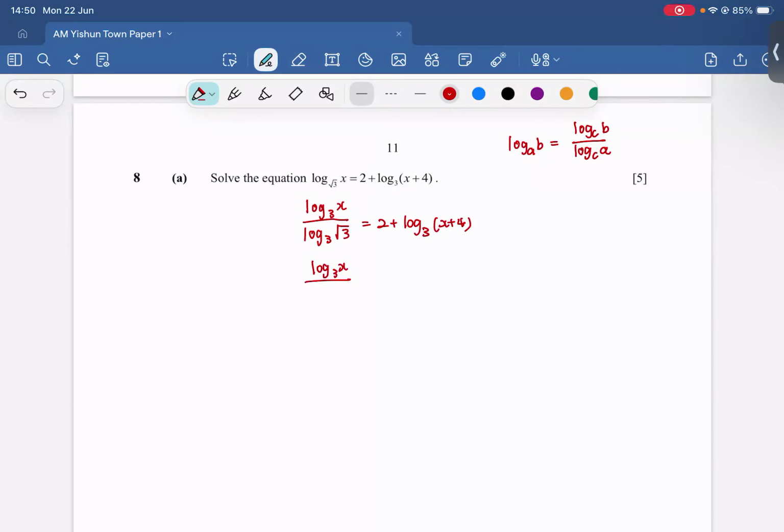Alright, and then log base 3 of square root 3 is just half because square root 3 is 3 power half. Now we times the half over. I prefer not to work with half, so I times 2 throughout.